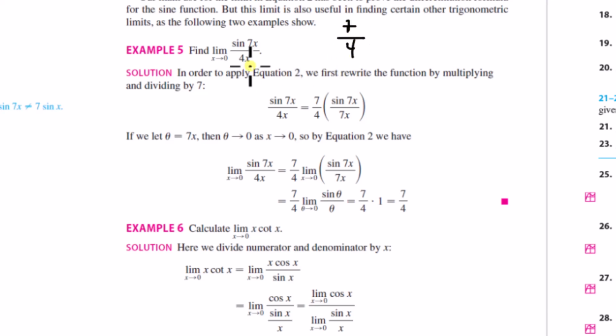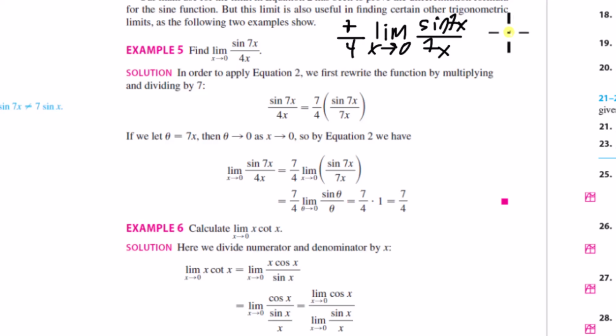We've taken out the 1/4, but because we just brought this 7 out of nowhere, we need to add a 7 in the denominator. So we just multiplied by 7 over 7 and then took out the 1/4.